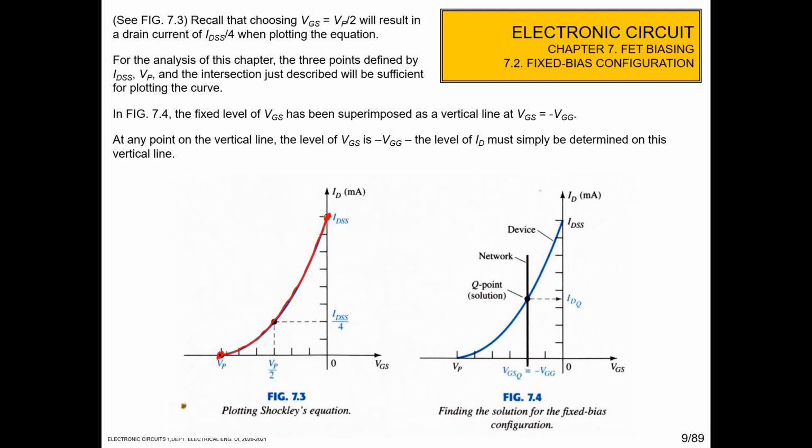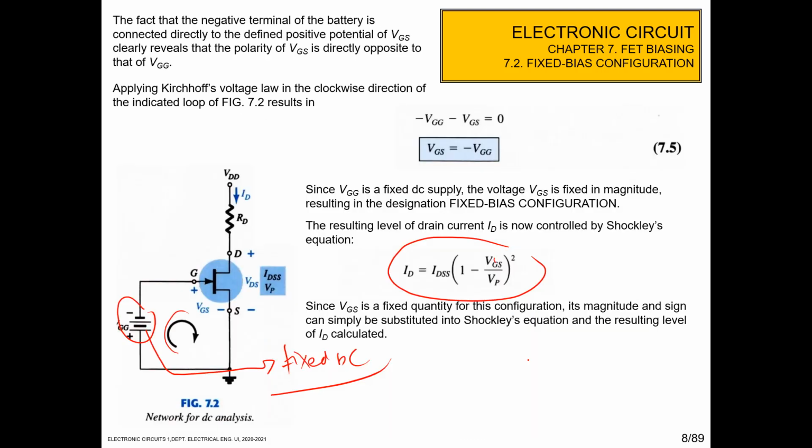And then how do we define the key point? In the fixed bias, we have to plot the black line, the network. This is the device characteristic, and this is the network characteristic. This is very easy for fixed bias because we only have to know minus VGG. So minus VGG is VGS key, and minus VGG is fixed like this.